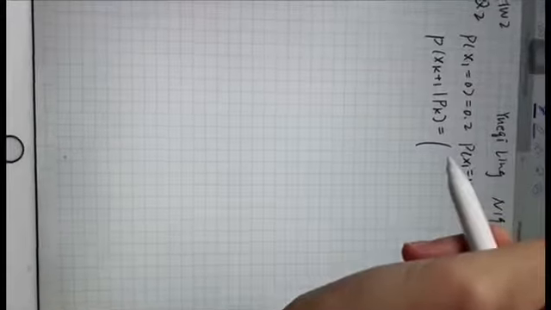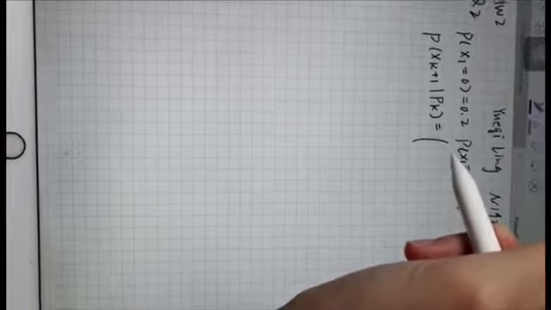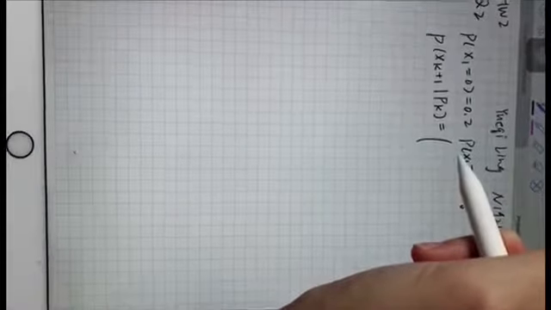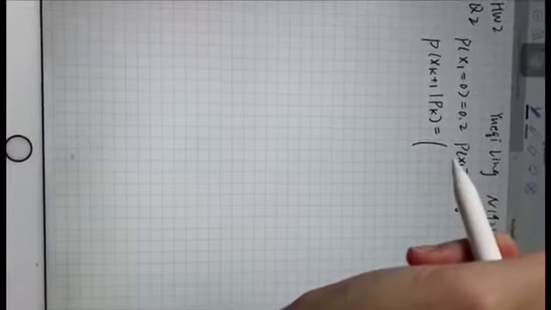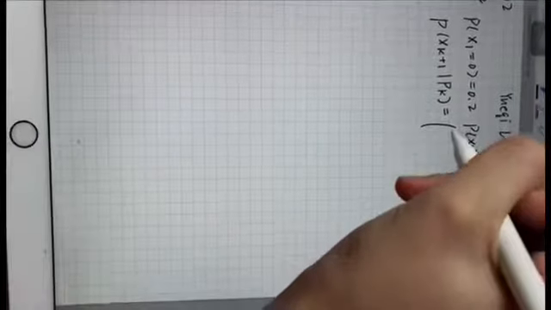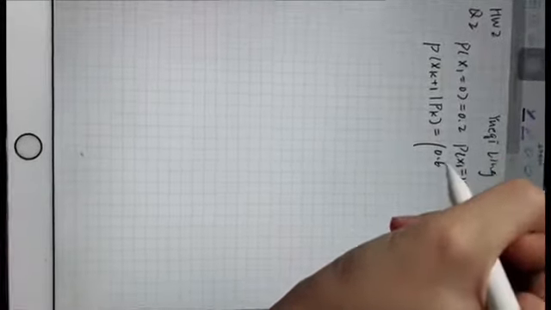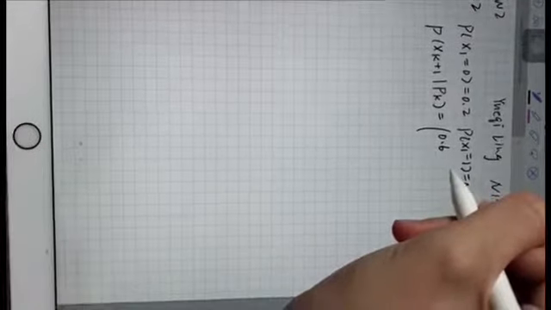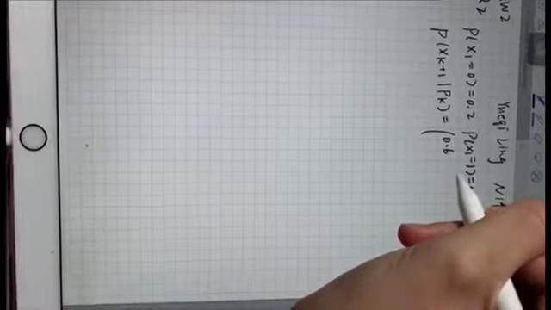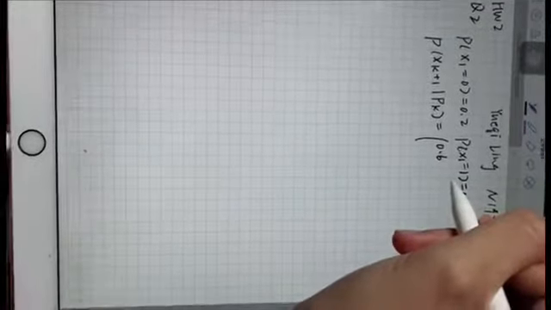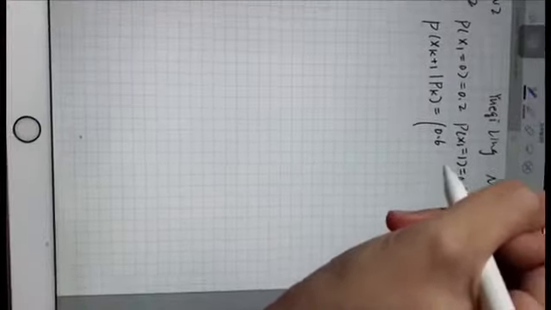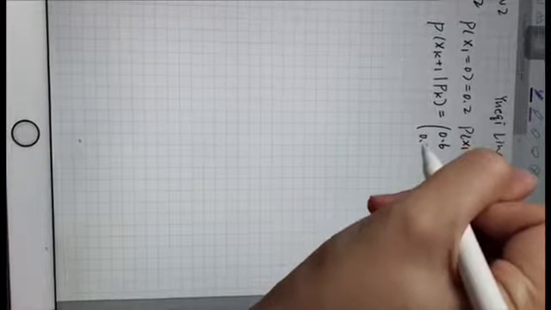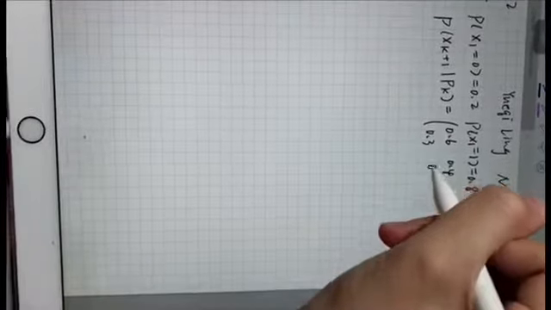This number is the probability of xk plus 1 equals 0 under the condition of xk equals 0, so it is 0.6. And this one is the probability of xk plus 1 equals 1 under the condition of xk equals 0. That is 0.4. And this one is 0.3, and this one is 0.7.